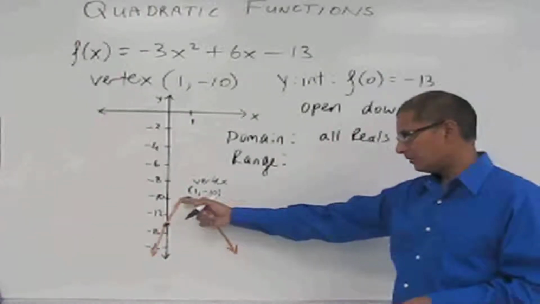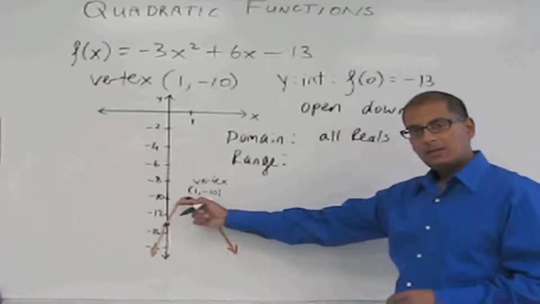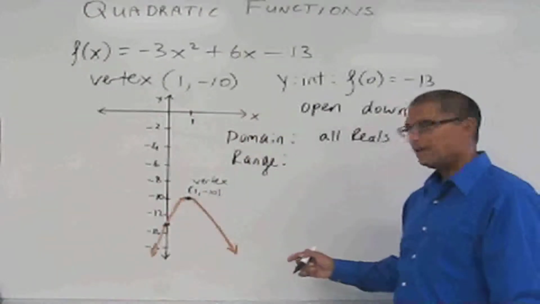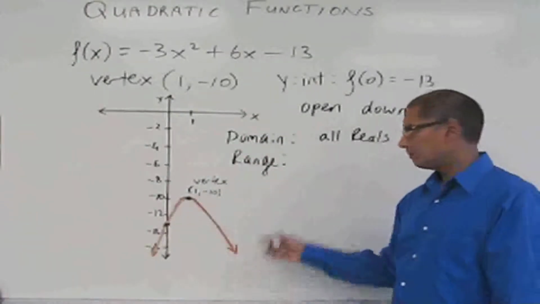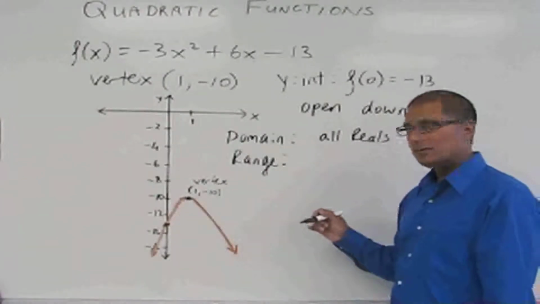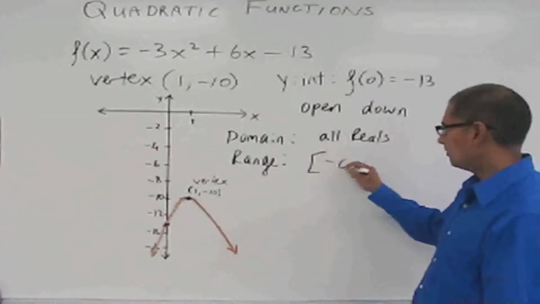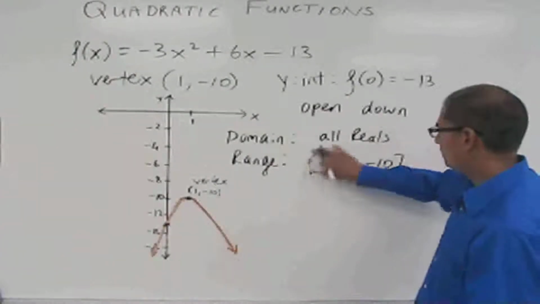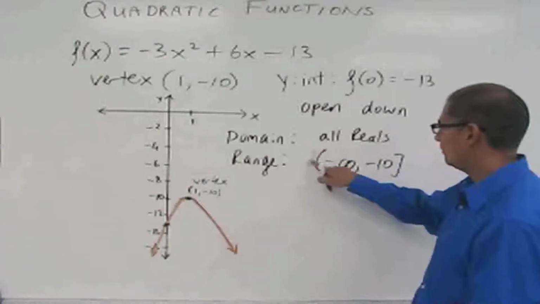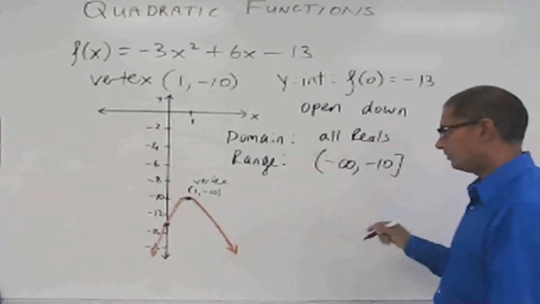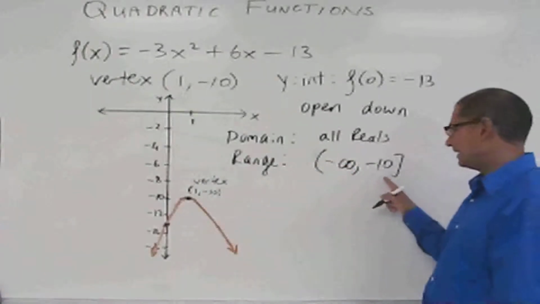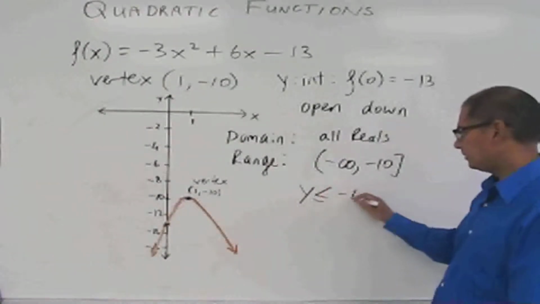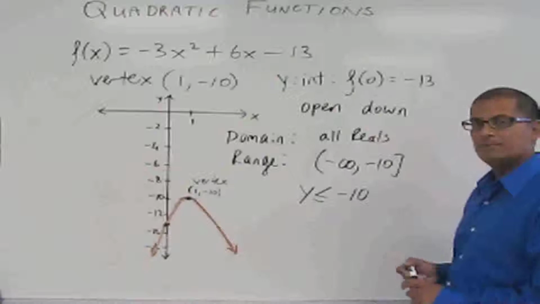It starts here at negative 10 and then goes down. You don't have any numbers higher than negative 10 in the range of this function. Remember, the range is the y values. So my range is from negative infinity up to negative 10. Use parentheses around infinity because you never reach infinity. So from negative infinity to negative 10 is my range, or if you'd like to say, y is less than or equal to negative 10.